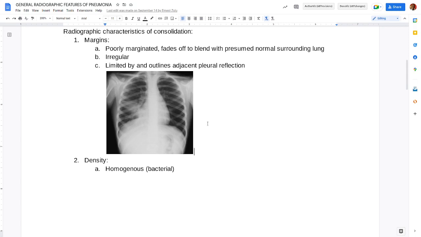But that's one aspect, the issue of the margins. So characteristically for pneumonia, the margins will not be sharp. That white patch will sort of blend, fade off and blend with the surrounding normal tissue.